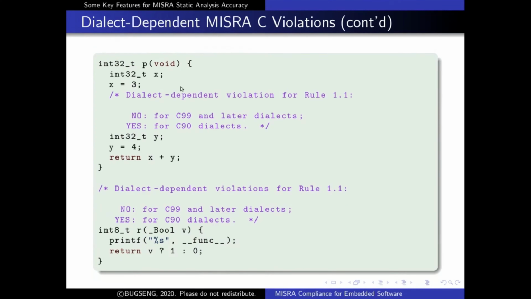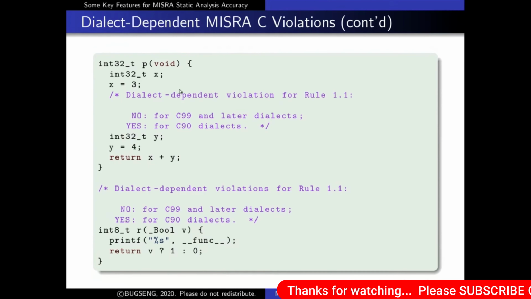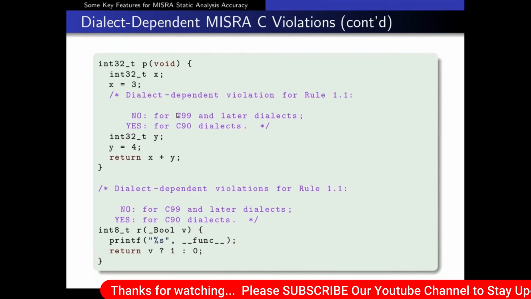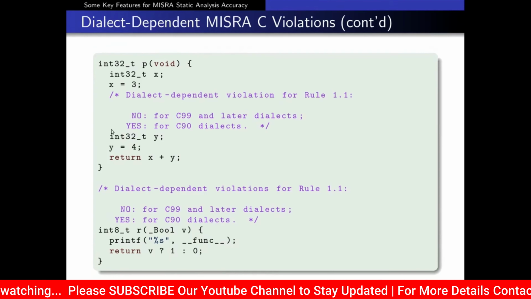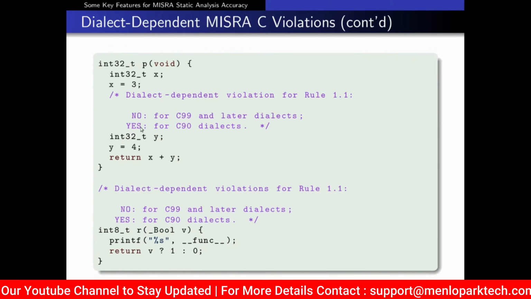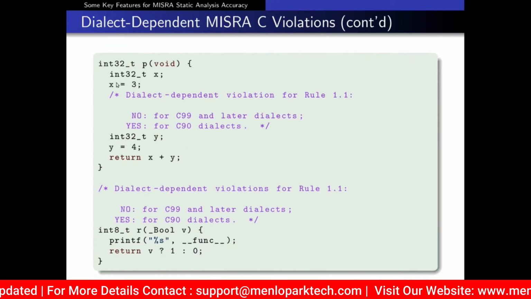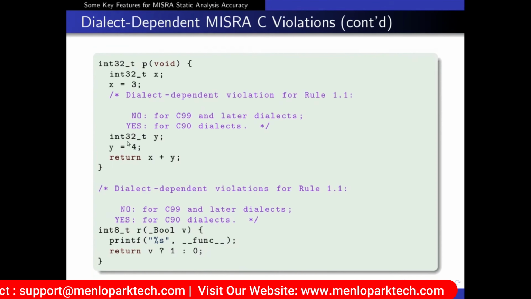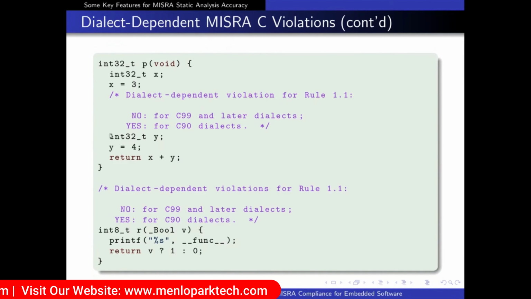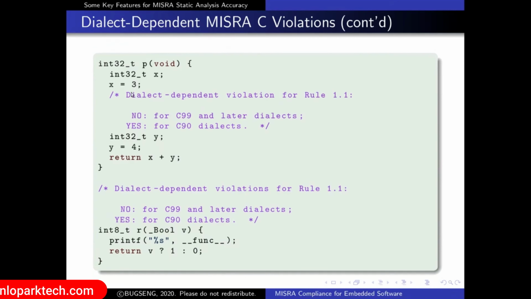Okay, here we have another example, again on rule 1.1. In C99, it is permissible to have a declaration in this point of the function body. So after we add a statement here, in C99 it is okay, so there is no violation, whereas in C90 it's outside the language definition, so it's a violation for rule 1.1.